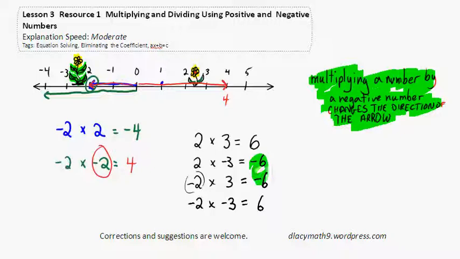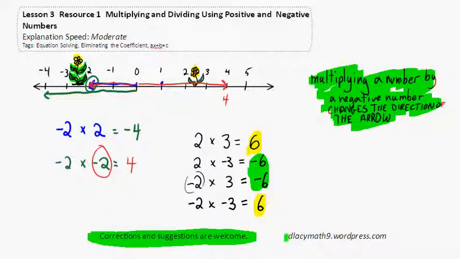Notice that there are only 4 combinations. 2 of them end up with a negative number, and 2 of them end up with a positive number. Please try the practice associated with this until you're just totally fine with multiplying and dividing with negative numbers.